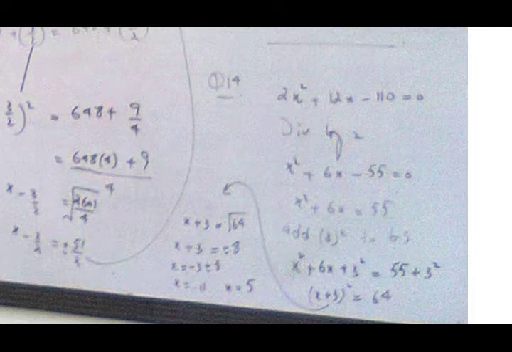We divide it by 2, it gives 3. We add 3 square to both sides. On the left hand side we have x plus 3 whole square, and on the right hand side 64. Square root of both sides, and we have the values of x.